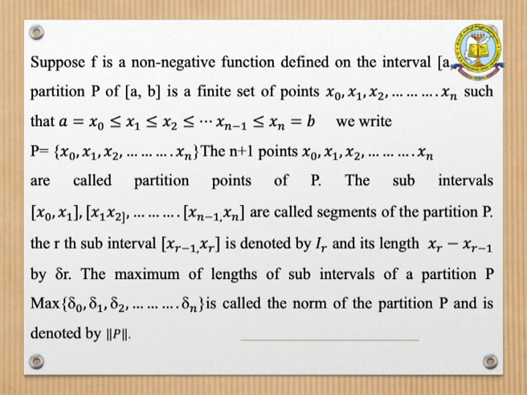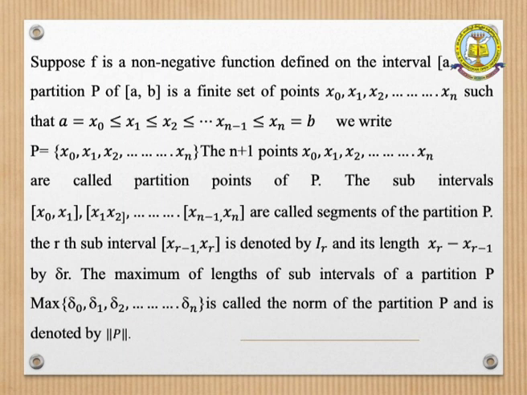That means suppose there exist points x0, x1, ..., xn which lie between a and b, satisfying the condition a = x0 ≤ x1 ≤ x2 ≤ ... ≤ x(n-1) ≤ xn = b, then we write the set of all points x0, x1, ..., xn, these are all called partition points of P.